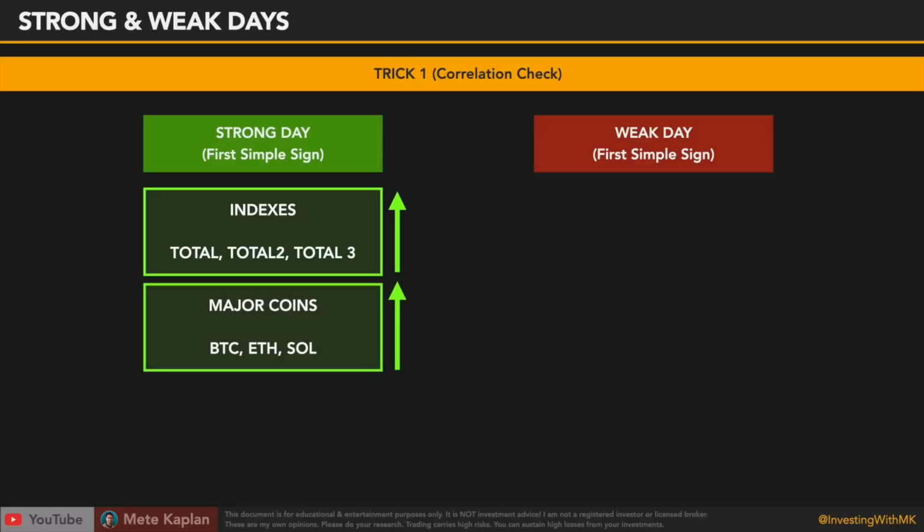Then I have three major coins to understand: Bitcoin, Ethereum, and Solana. I also want them to be positive on a strong day. And finally, as you remember, the USDT dominance is the negative correlation from the masterclass. You can also add the dollar index as well if you wish. I want them to be negative that day.